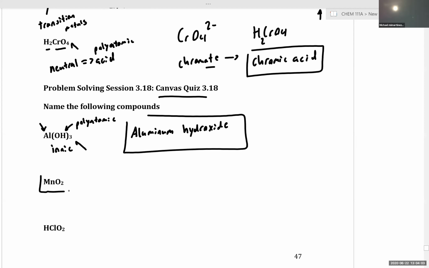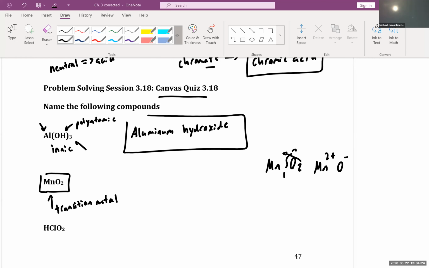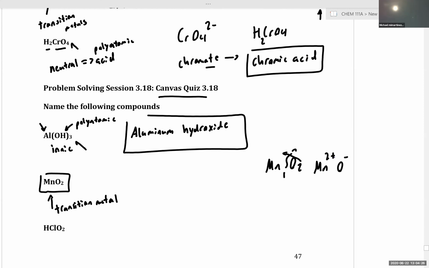Looking at MnO2, manganese is a transition metal. So we have to do some charge analysis. So we reverse cross our subscripts into our charges. We get manganese 2+ and O-. Now, that doesn't look right to me because oxygen should have a 2- charge.